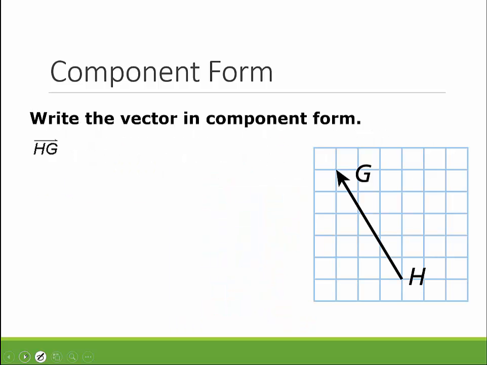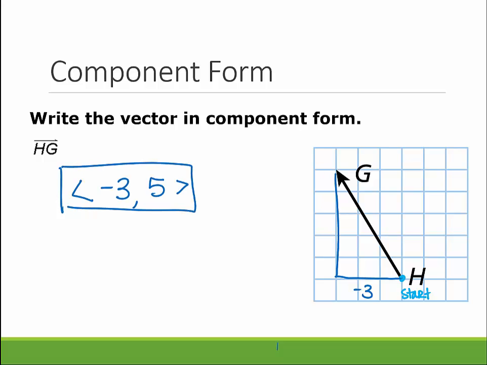So write this vector in component form. Remember, we have to start here and somehow get to G up there. So you always move with your X first. We had to go back 3, so it's got to be negative. And then we have to go up 1, 2, 3, 4, 5, so it's positive 5.